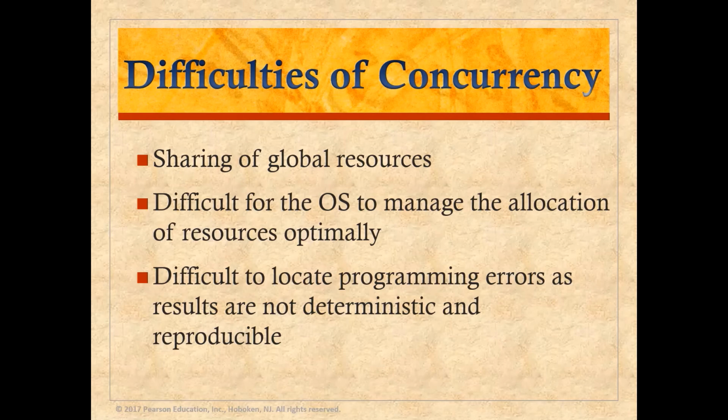Then the order of sequence is very important, since if we do not control the sequence, the output will be unexpected, something that we did not expect. A second difficulty is how to manage allocation of resources.